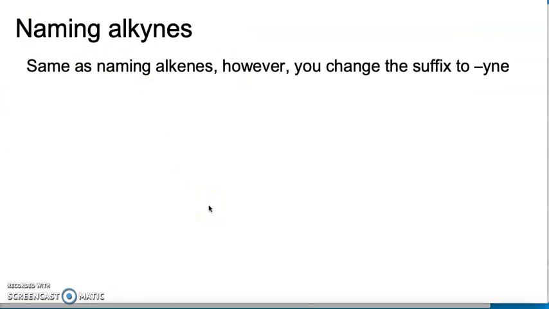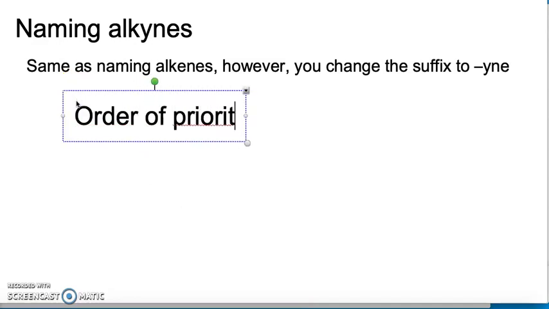So naming alkynes, exactly the same as naming alkenes, okay? We're going to use a number in front of that suffix to indicate to us where that triple bond is. In this case, obviously the suffix is going to be -yne, because we now belong to the alkyne family. Difference, that order of priority.